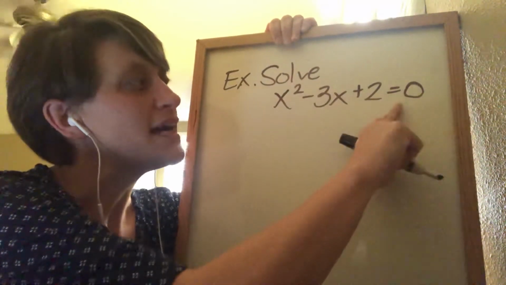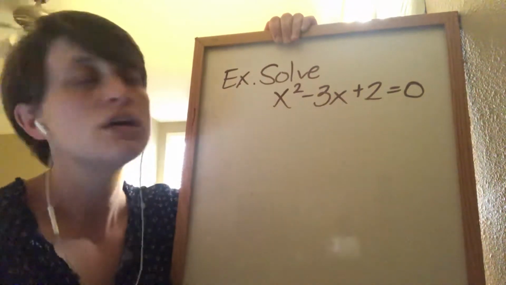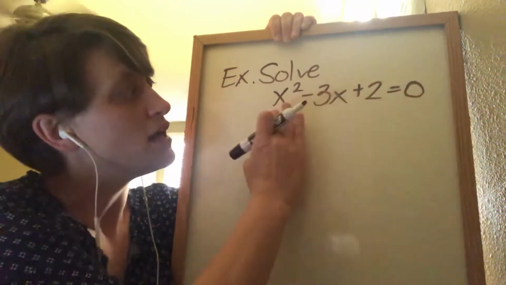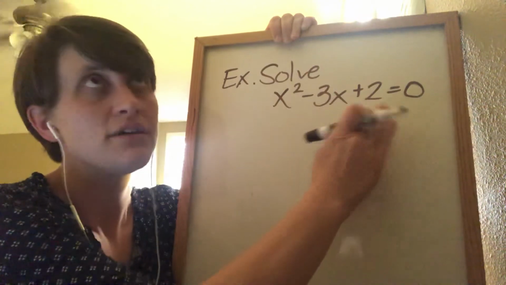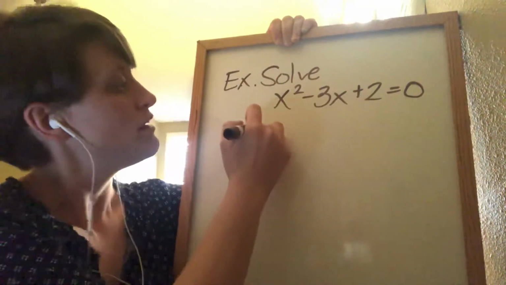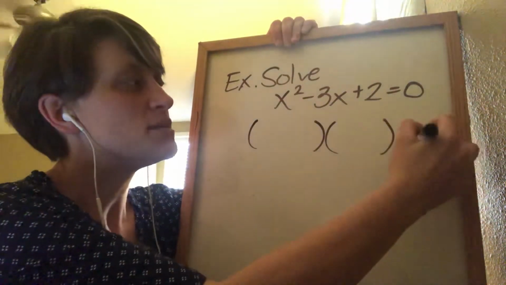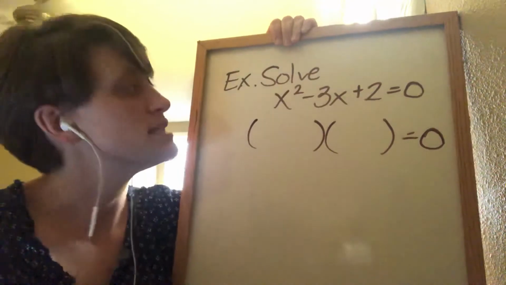Now remember, one side has to be 0 before we're able to use the zero product property, and it is. So we're just going to leave this side alone and factor the left side so that then we can use the zero product property. We're going to factor this just like normal. Just don't forget to put the equal 0 on the other side. It's got to stay there.